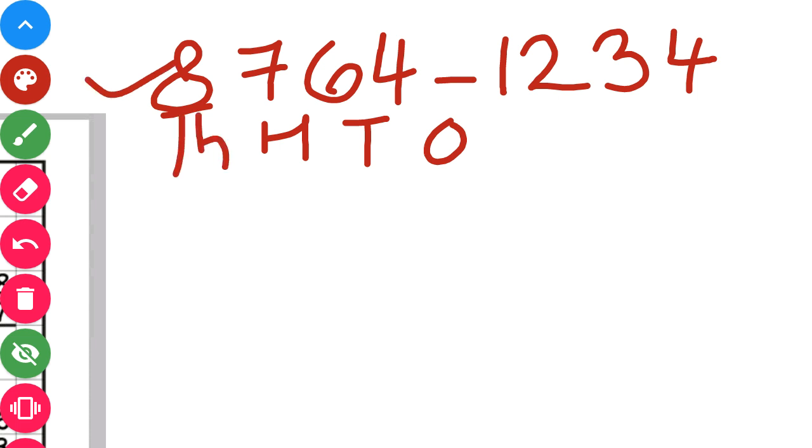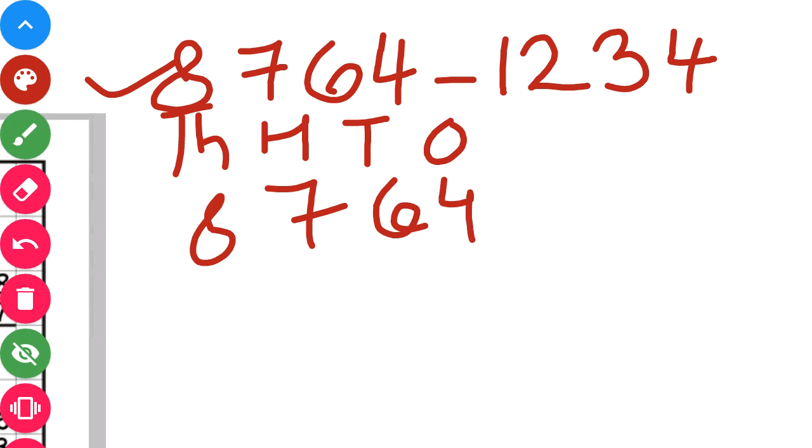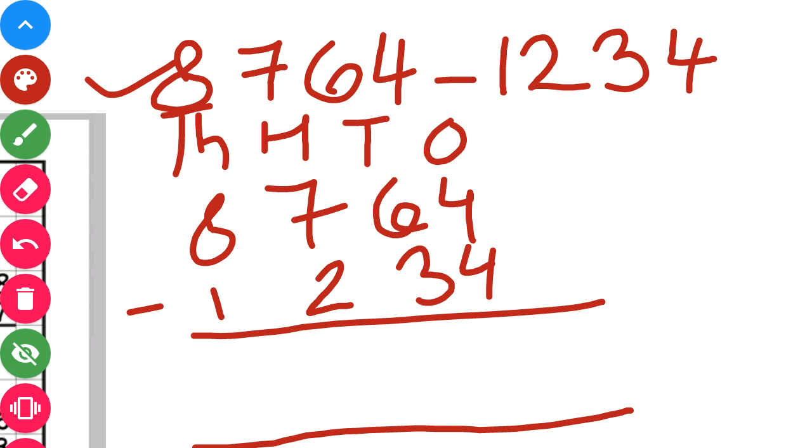So our first number is 8,764. Now subtracting 1,234. Again I am telling you that it is very important to write the numbers at their appropriate place values, otherwise your answer will be wrong. It is necessary for you to write the numbers in the exact place value chart.